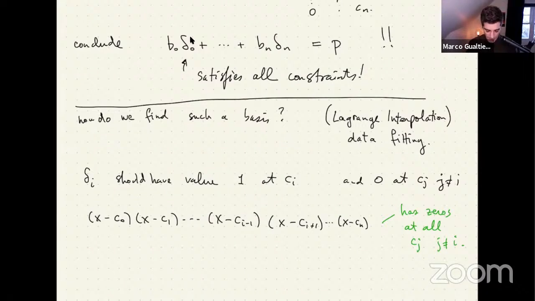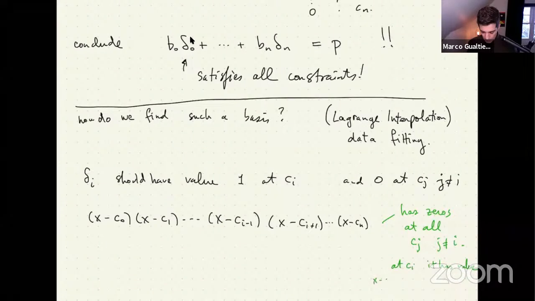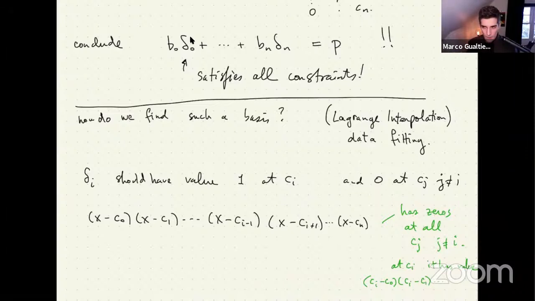What value does this thing have at Ci? Well, at Ci, it has value Ci minus C0, Ci minus C1, all the way. You just plug in Ci, and you'll see what value it has. So it'll have that value, but I don't want it to have that value. I want it to have value 1.